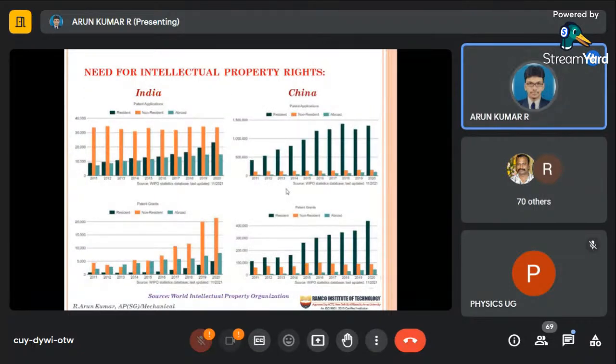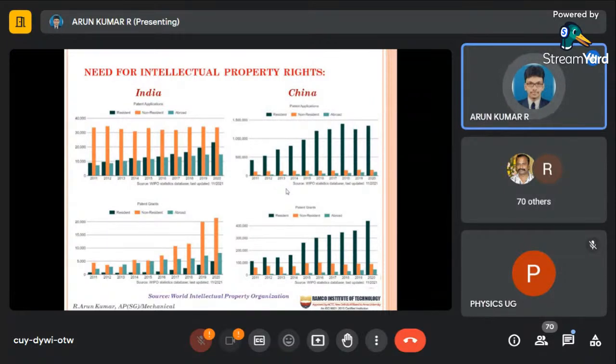And to claim that we Indians also have innovation and quality of innovation, I'll show you an example here. You can see two graphs. Towards the left side of the presentation, it talks about India, the top and bottom, and towards the right side, it talks about China, the top and bottom graph.